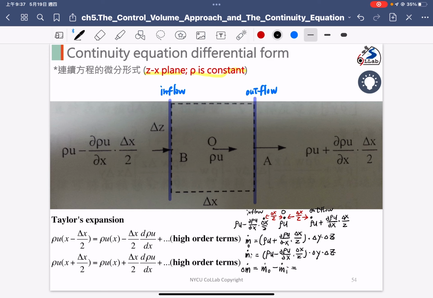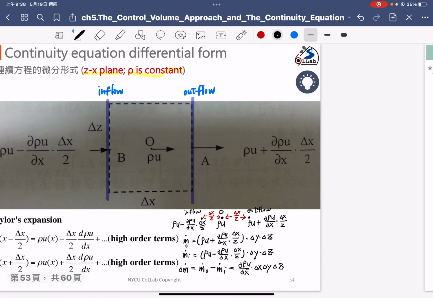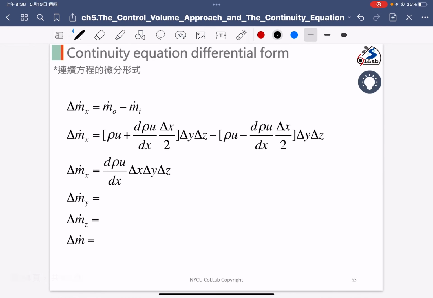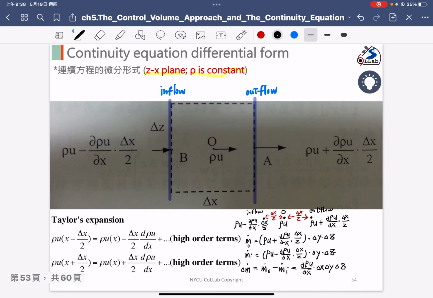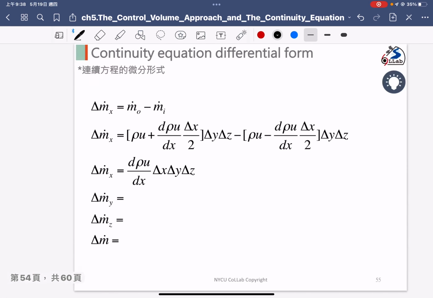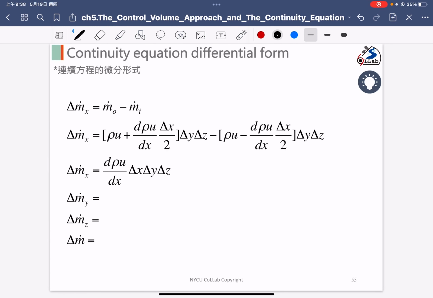Finally, you only have the gradient of rho u with respect to x and delta x, delta y, and delta z. This is summarized on the right hand side. The final result is d rho u dx multiplied by delta x, delta y, delta z. Okay, so this is the mass flow rate along the x direction.